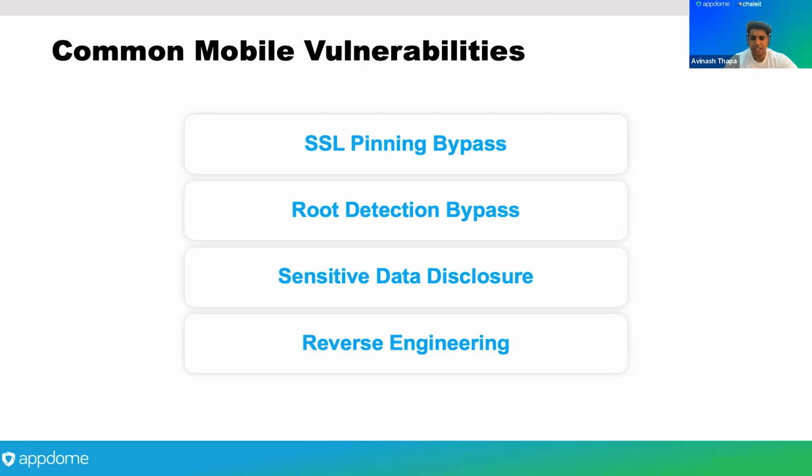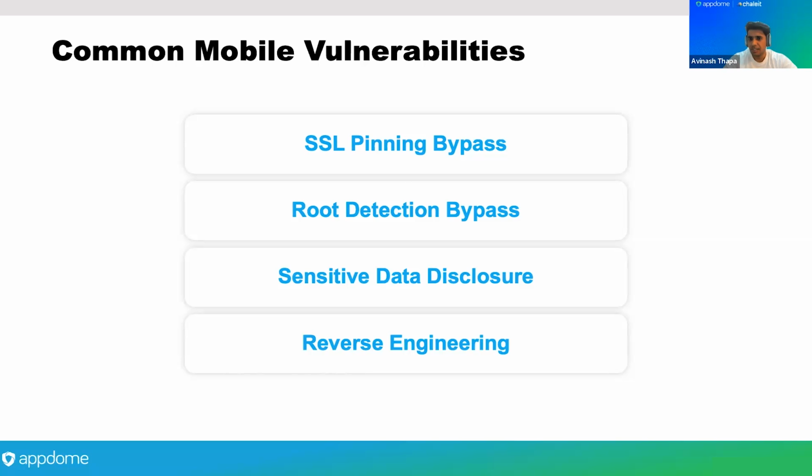Right. So basically, what happens whenever we test any mobile application? Some of the vulnerabilities are very common, and you would find them typically in most applications present in the App Store or Google Play, or even if they are provided directly by the clients to their customers.